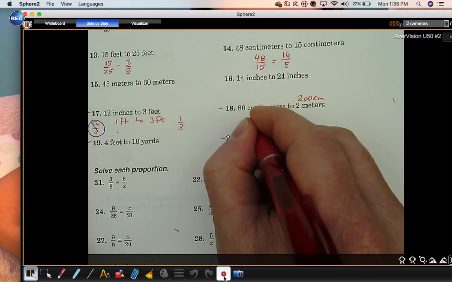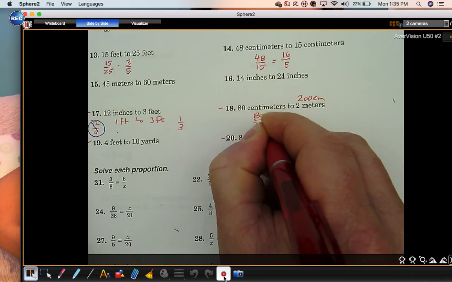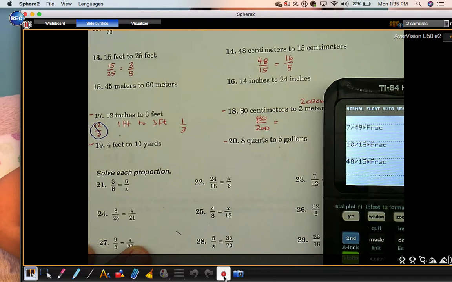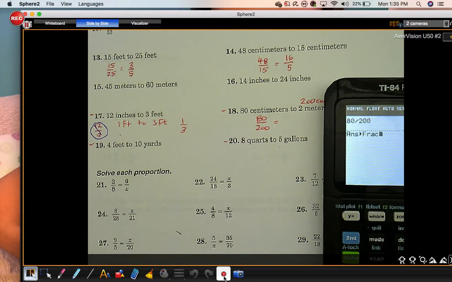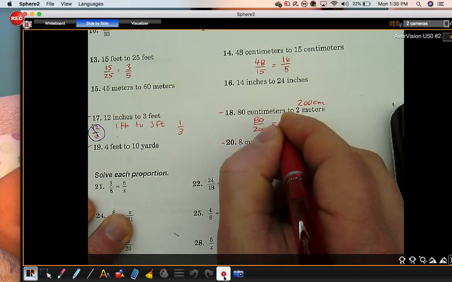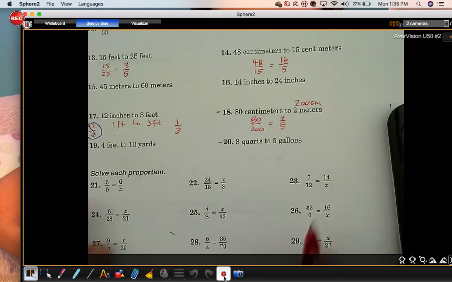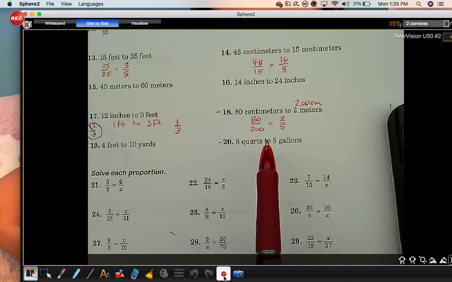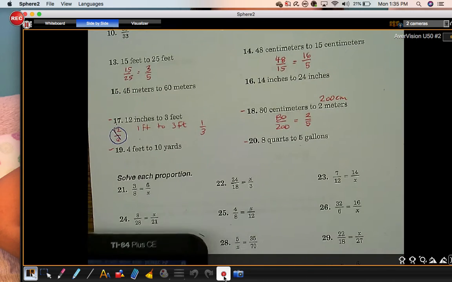So we're going to compare 80 with 200. And we end up with 2/5. The mistake you don't want to make is comparing 80 to 2. That would be wrong. Your units must match.